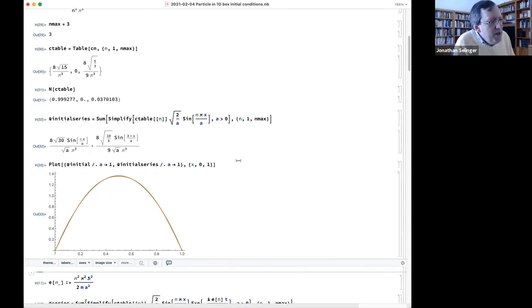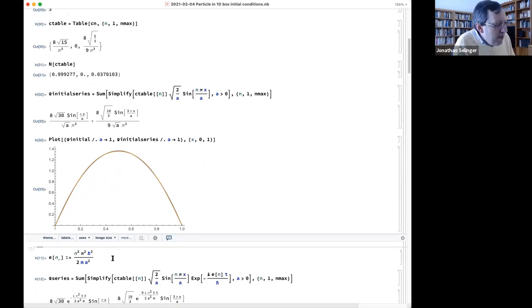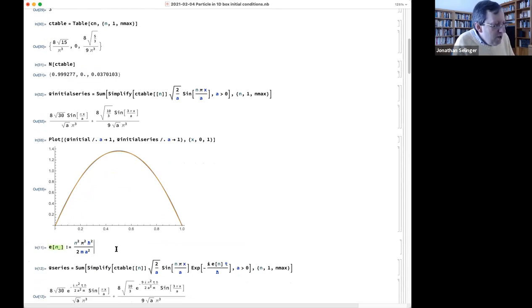So now we can see how each of them evolves in time. Each of them evolves in time with a complex exponential with a certain energy factor. So here's the energy factor, right? This is the En that we calculated.